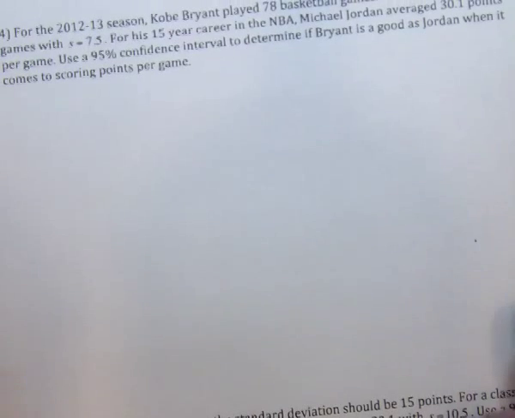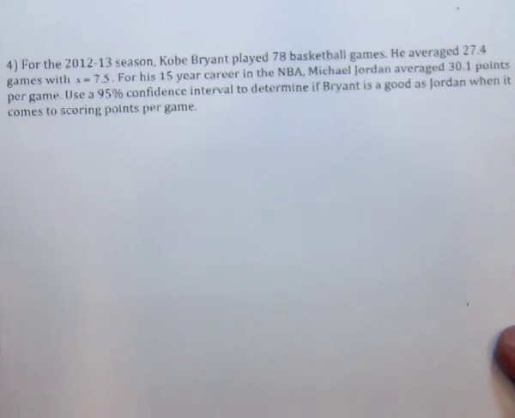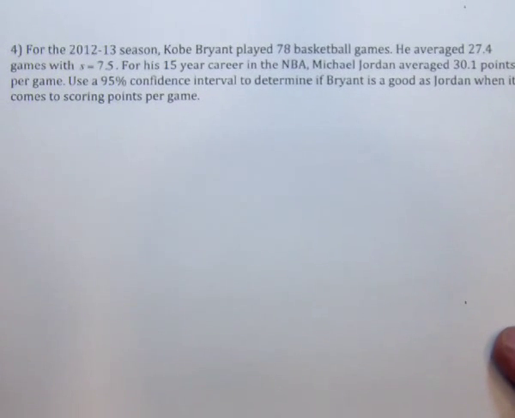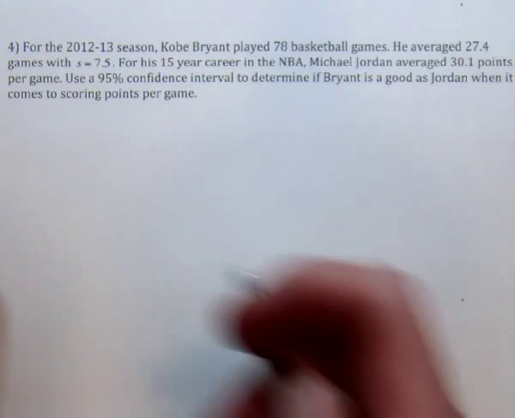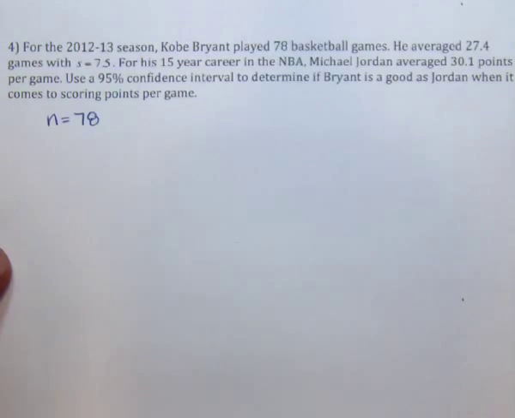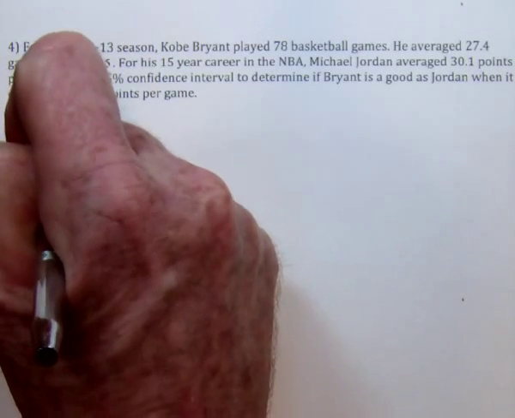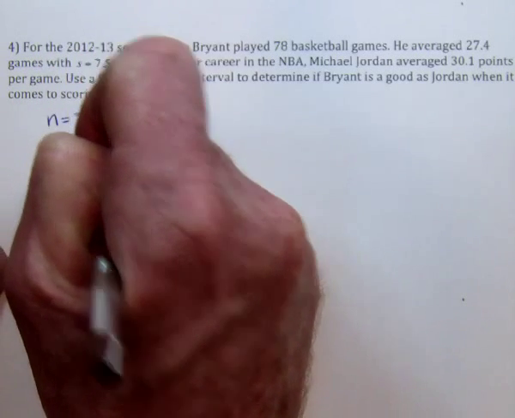Then on to number 4. Trying to get it on the page. There we go. Pretty much. So Kobe Bryant played 78, so I can already write that down. N equals 78 games. He averaged, so that's an X bar, 27.4 points per game.